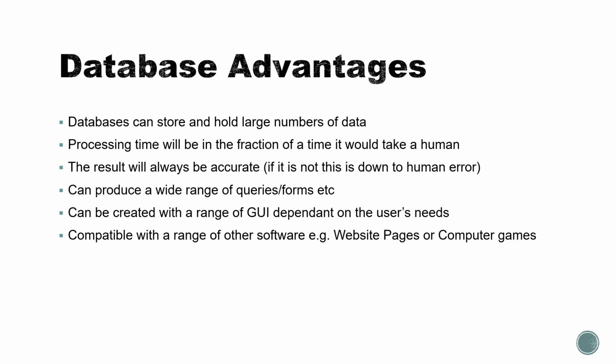And it might not be right, whereas the database will always be right. The only time it wouldn't be right is if you have put the wrong inputs in yourself. So that would be a human error, and is not the error of the database. So if you're running a query and the query results are wrong, it's because the query that has been processed in the first place is not right, which is, like I said, a human error.